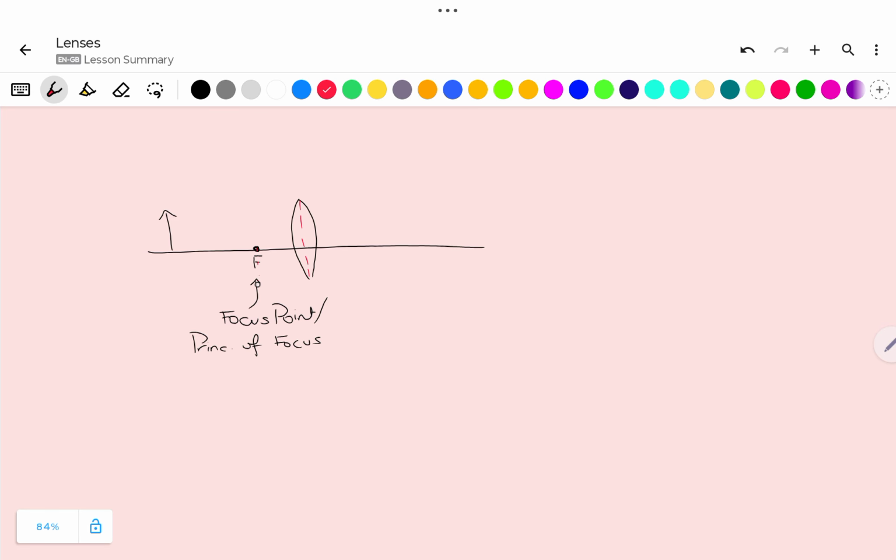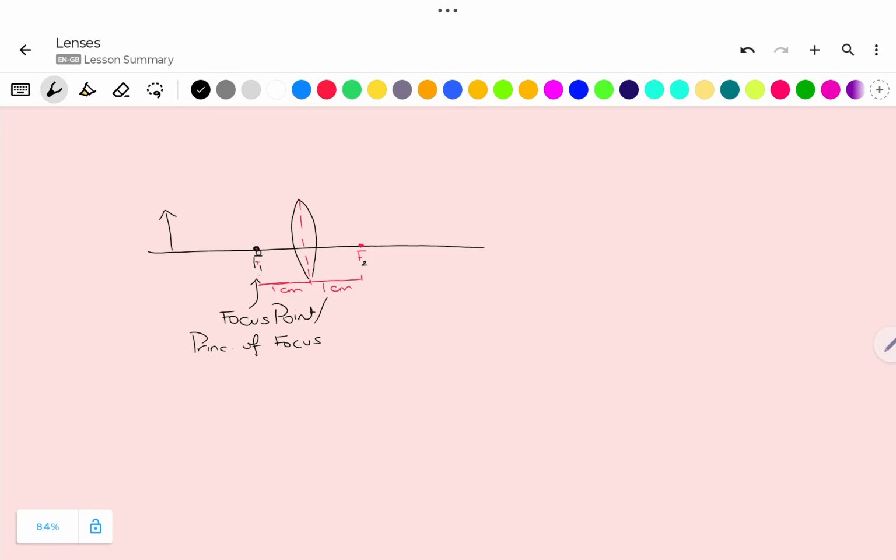You will measure the distance from the focus point to the center of the lens. Let's say it's 1 centimeter, okay, with a ruler. And on the other side, you'll do the same exact measurement, and you're going to draw the focus point on the other side. Let's call this as F1, and let's call this as F2.